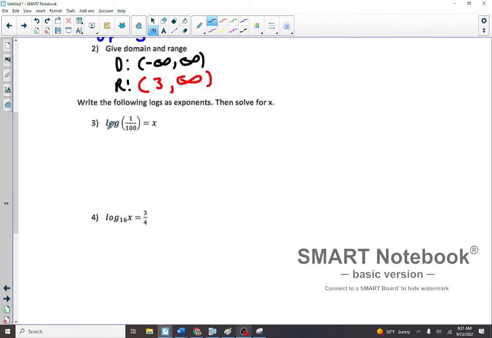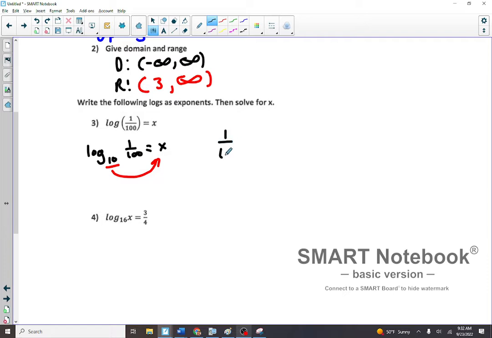All right, for this one, we're going to solve for x. First thing I'm going to do, when you see a log by itself, put a little 10 underneath it because it's automatically an invisible 10 to help you work on it. Now, I want to solve for x. You could technically put this in your calculator, but to do it by hand, you would take the 10 and move it over here.